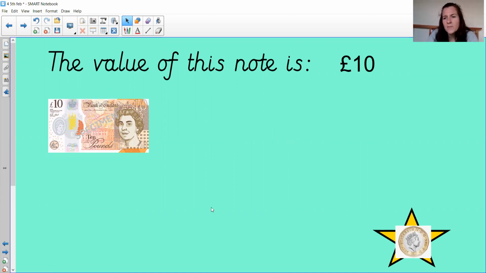Let's do this together. So I've got my magic pound down here. I wish I had one of these in real life because you can keep dragging it up and it gives you more and more pounds. So let's count out how many pound coins our £10 note represents. Let's do it together.